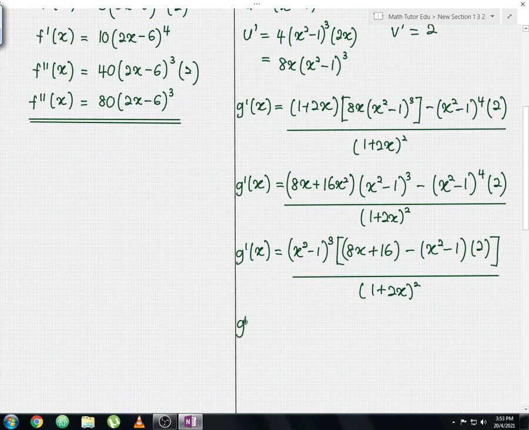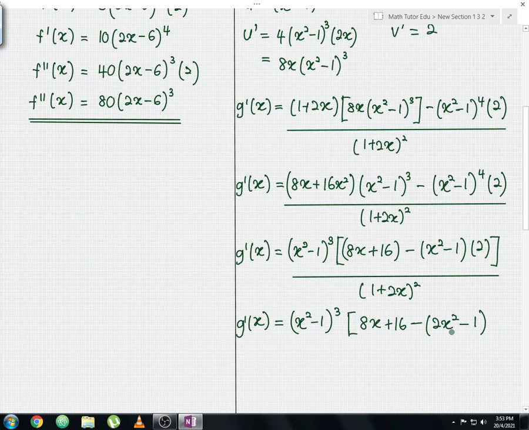So from here you should get your g prime x is equals to x square minus 1 cube, in a square bracket, 8x plus 16. You times this one first, so minus 2 times x square minus 1.